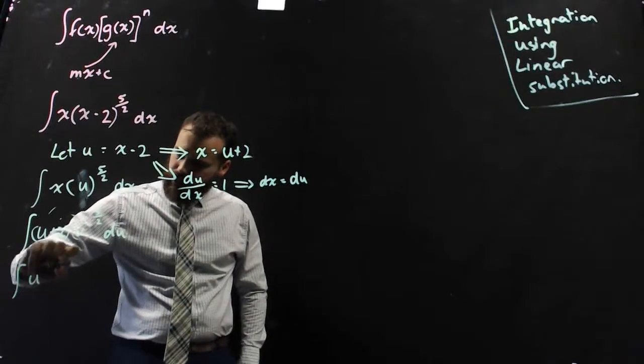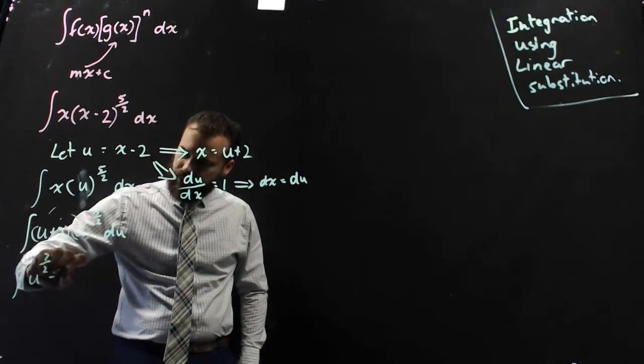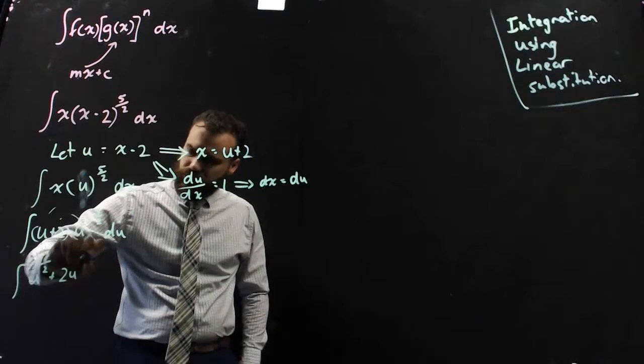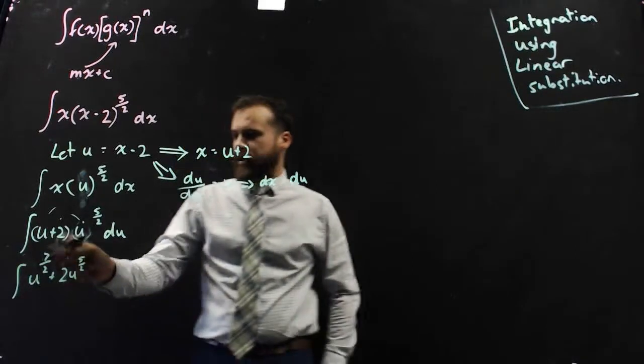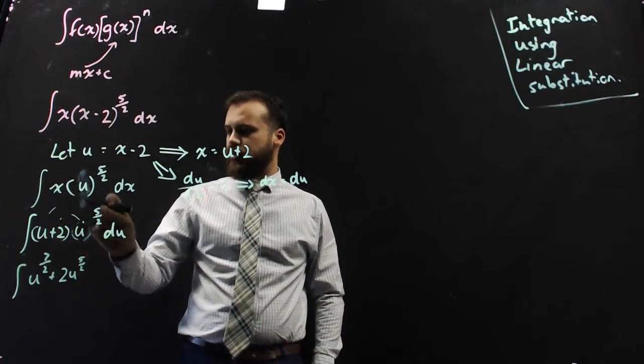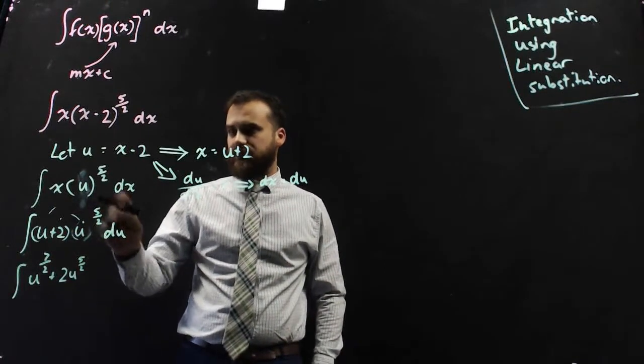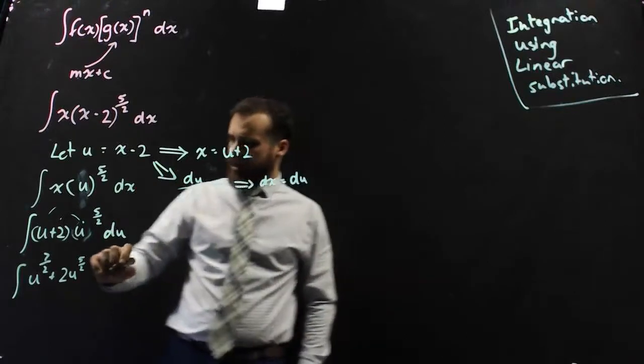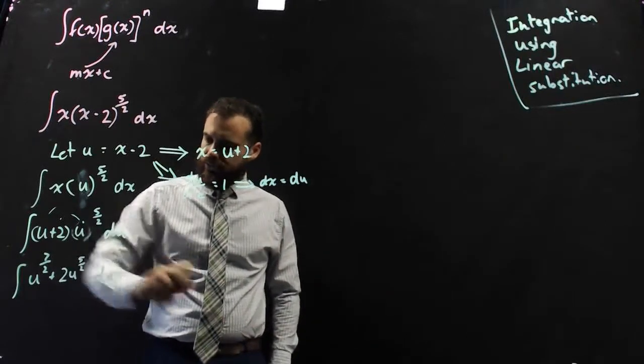So we're going to have u to the 7 on 2 plus 2u to the 5 on 2. That 7 on 2 comes from u to the 1 times u to the 5 on 2, which is the same as u to the 1 plus 5 on 2, which is 7 on 2, with respect to u.